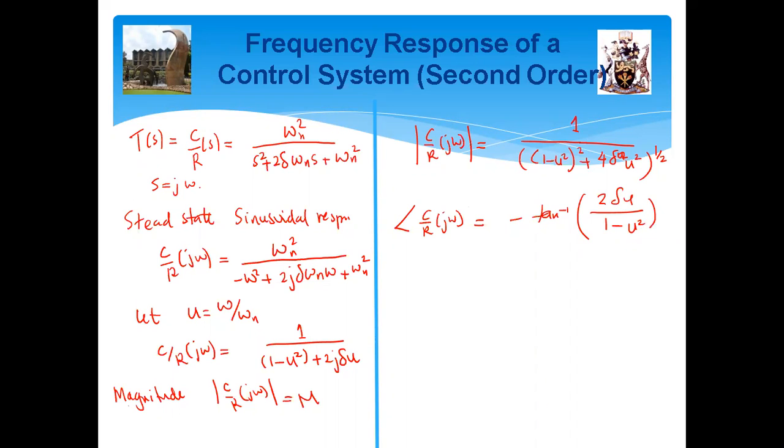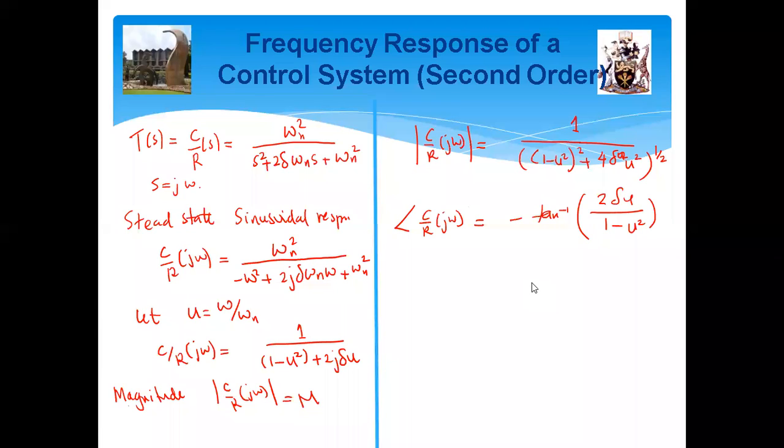Actually, there is a minus here because it's a reciprocal: it is 1 over this complex number. If this were just a normal number, as in not a reciprocal, then this negative wouldn't be here.